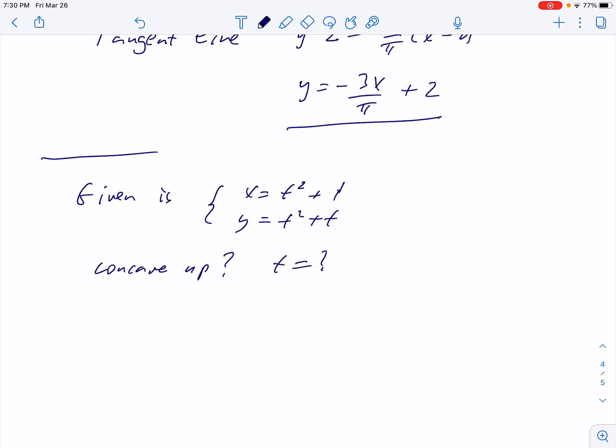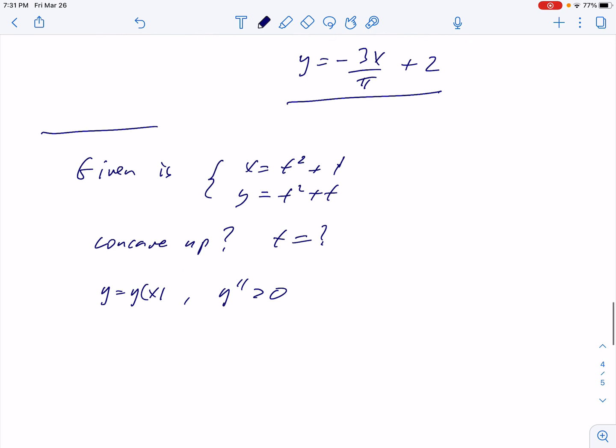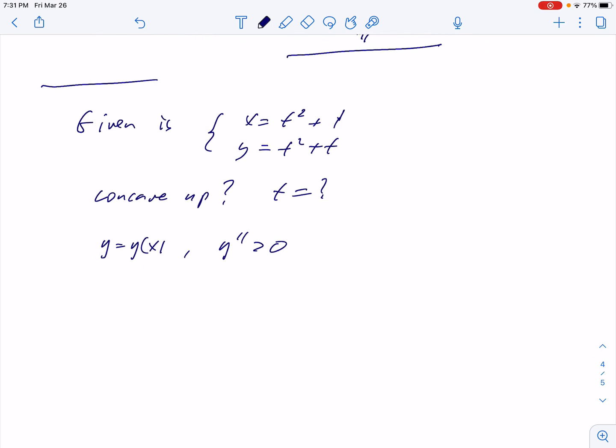Now what to do? From Calc 1, we know that if we have a function y equals y of x, it is concave up when y double prime is positive. Now we have to see how to deal with the second derivative when we have parametric equations.